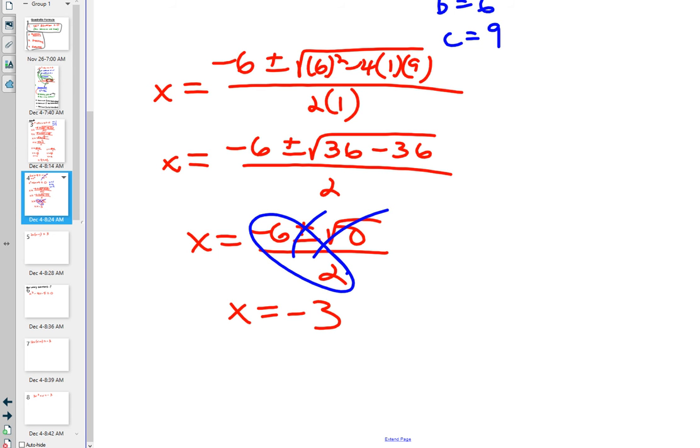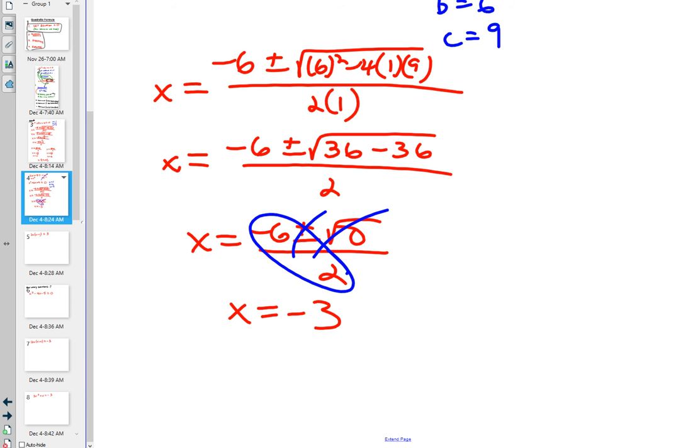Jada, because I have one solution, do I have to write a solution set? No, but can you? Yeah, we can. I doubt we're going to get to an example like this, so just so that you know now, we can try to get the most out of each example. I have now done one equation that had a positive discriminant. I've now done an equation that has a 0 discriminant.